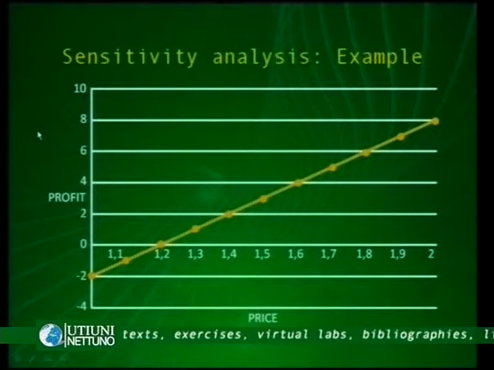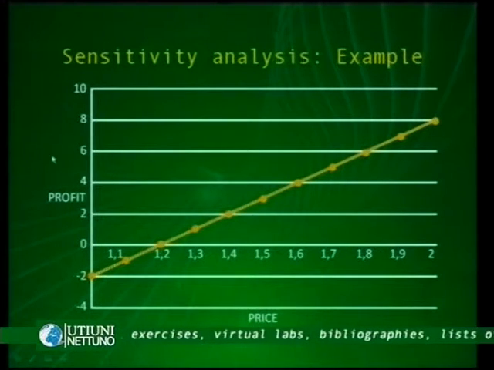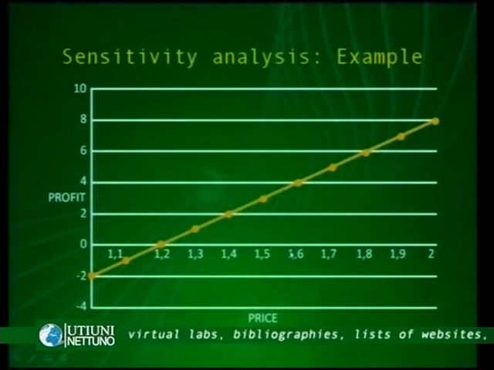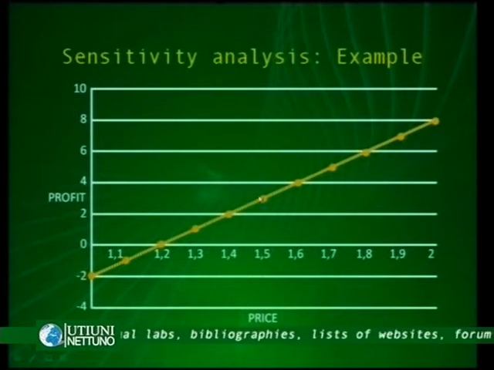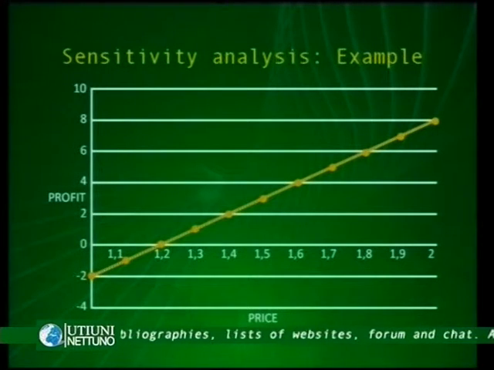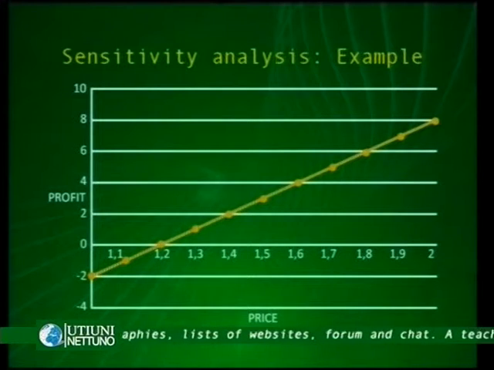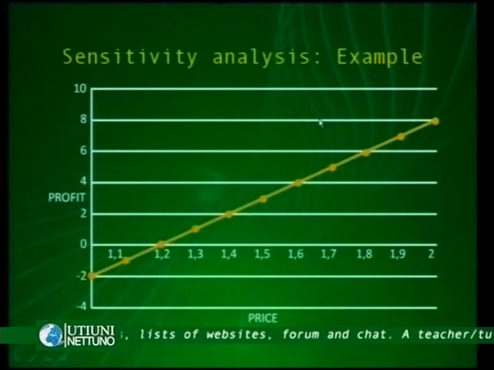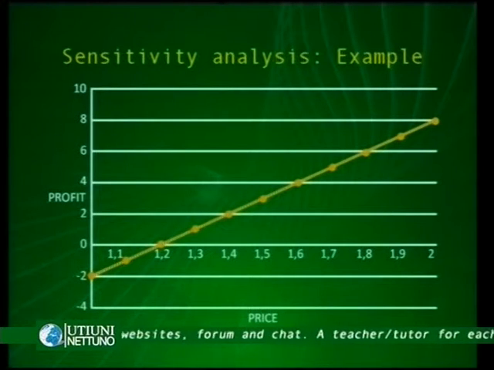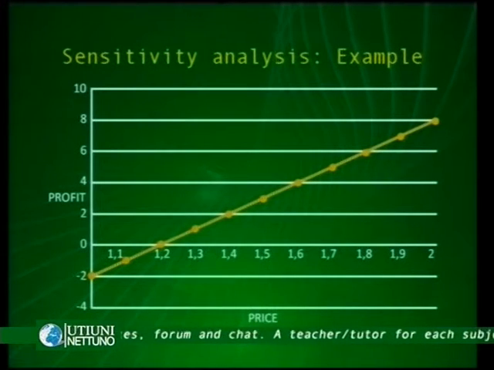On the y-axis, you have the relative values of profits for the level of prices. And this line is the graphical result of the sensitivity analysis, because it shows how the profits of the project vary with the variation of the price. In this case, we have a simple case where there is a linear relationship between price and profits.